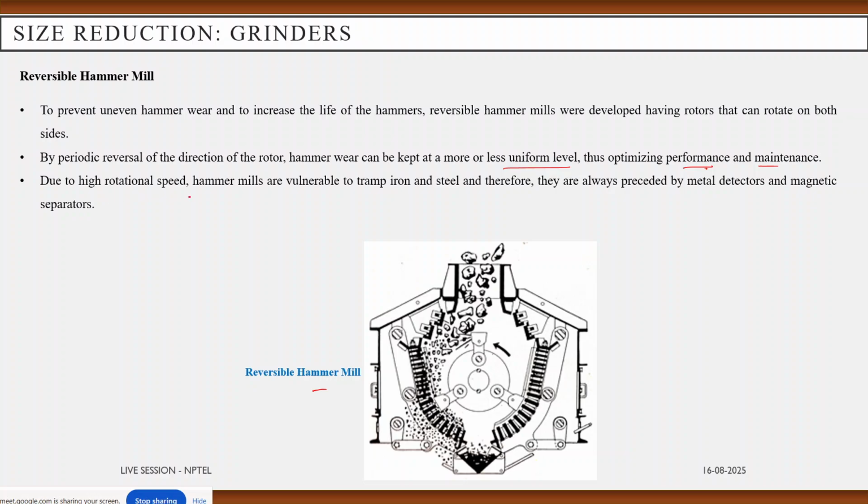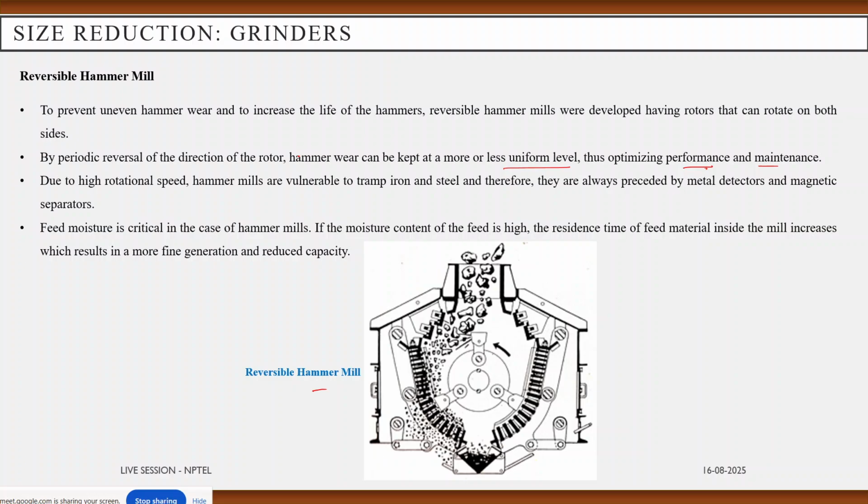Due to high rotational speed, hammer mills are vulnerable to damage from iron and steel. Therefore, for this case also it is always preferable to proceed with a metal detector and magnetic separator. Feed moisture is very crucial in case of any kind of hammer mill.